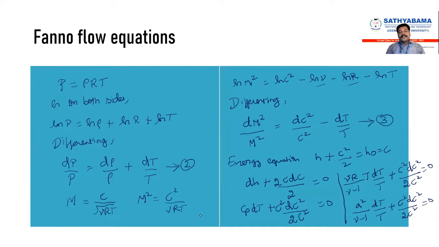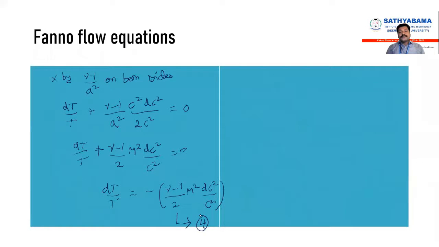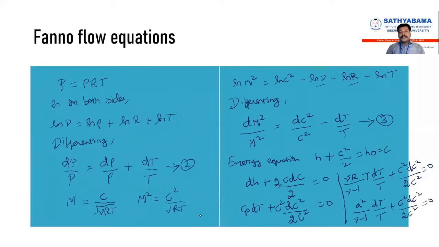I am going to construct all the relations in terms of a function of Mach number only. So I am going to substitute equation number 4 in equation number 3, and then find dC squared by C squared in terms of Mach.